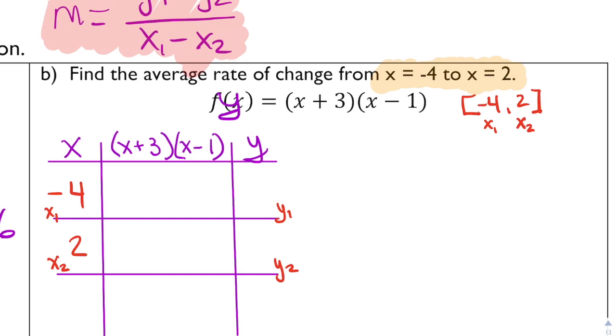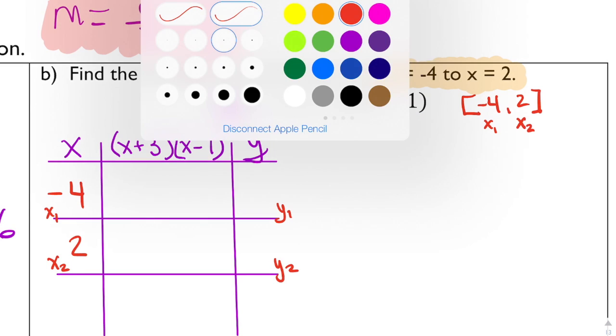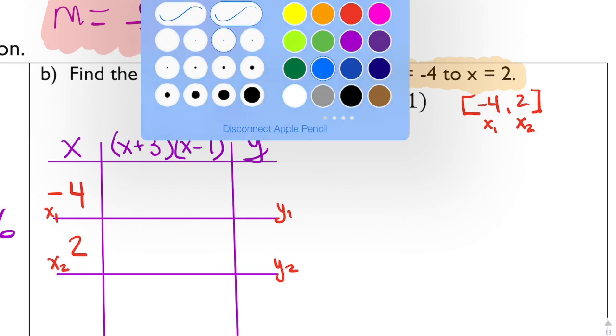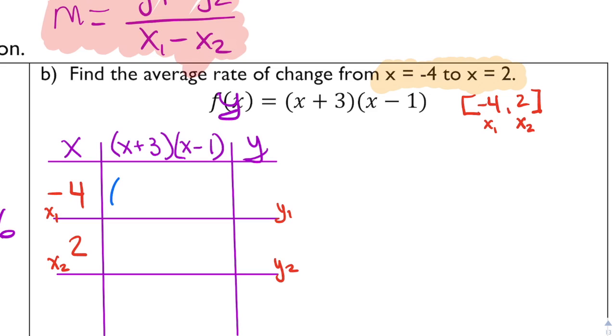And then we're going to plug those into our equation. Use a different color. So in place of x, I'm going to put -4 and then +3. And in this row, both of those x's are going to be -4. And then in the next row, both x's will be 2.